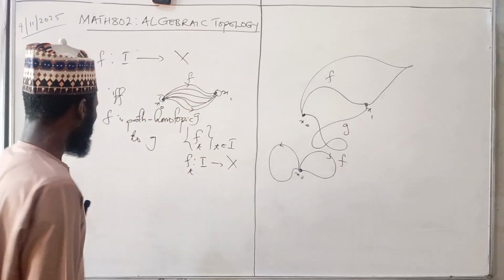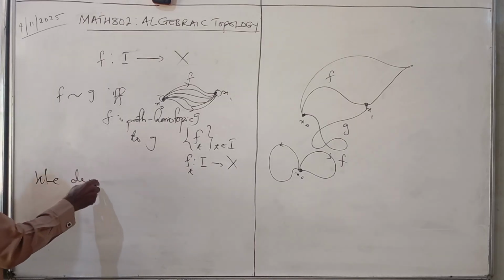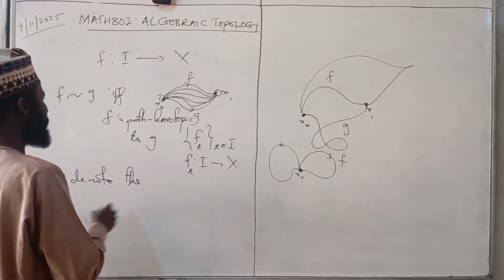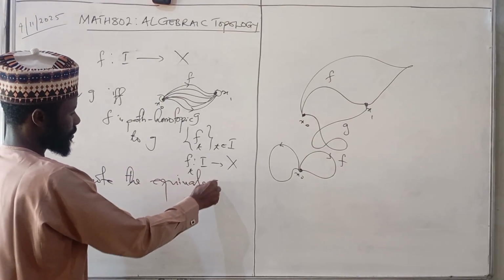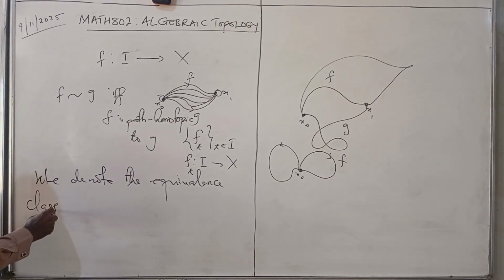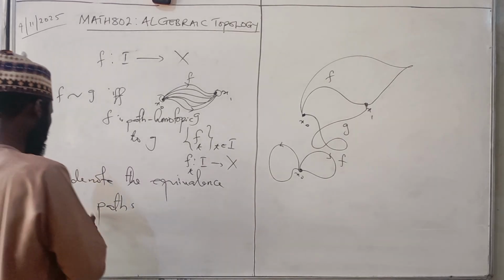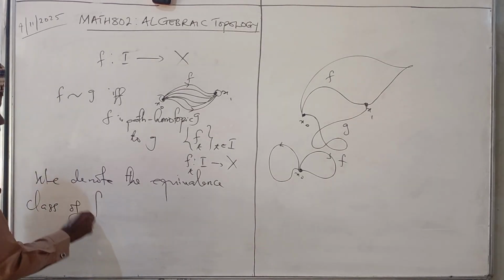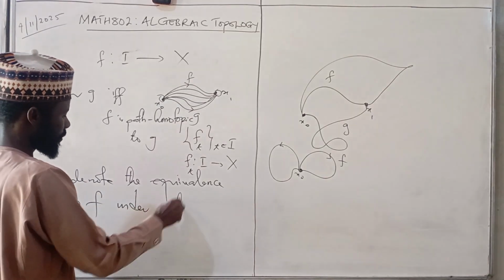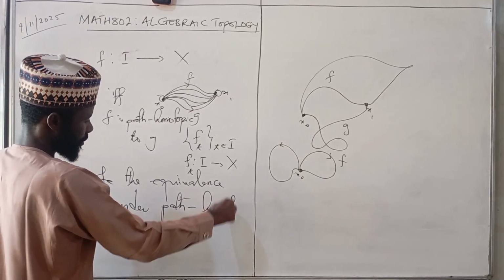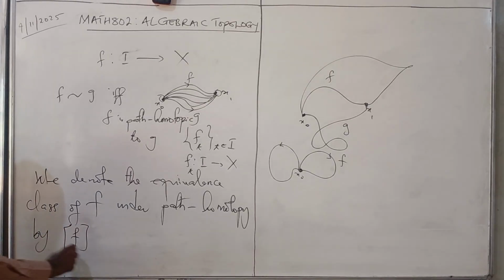I hope it's okay. So we denote the equivalence class of F, F being our path, under path homotopy, by the bracket notation [F], like this.